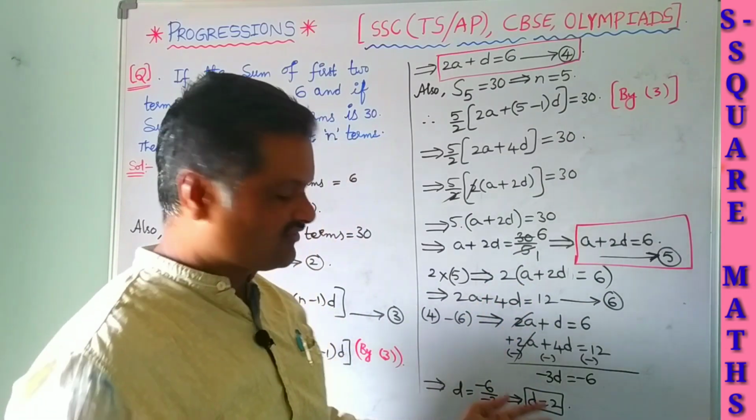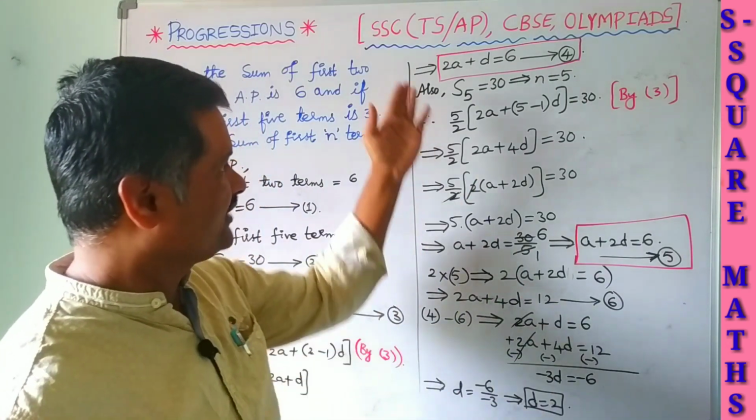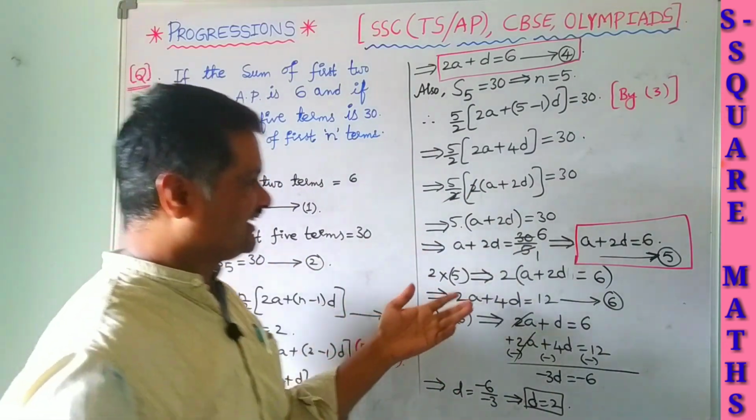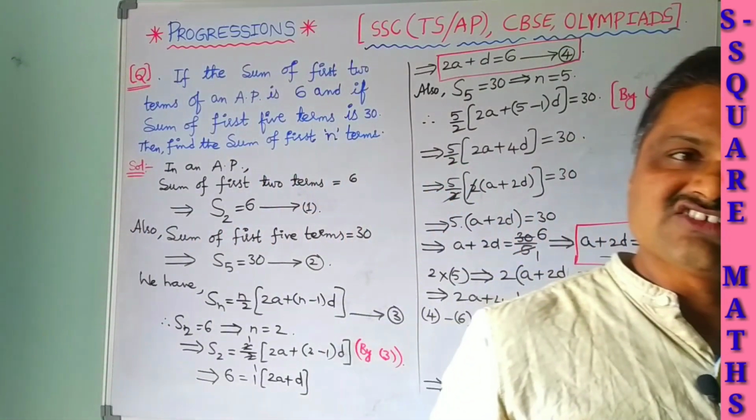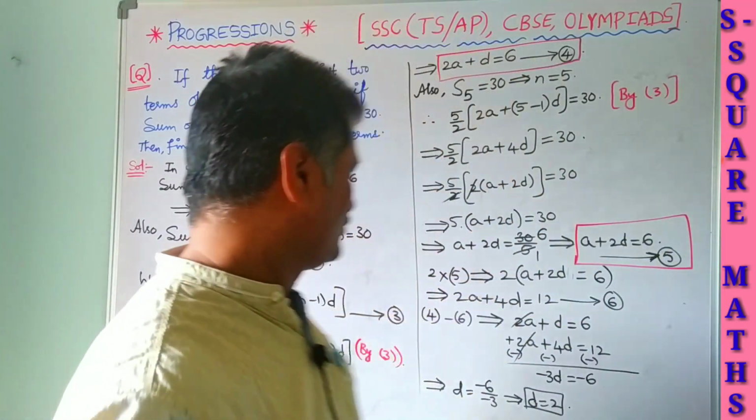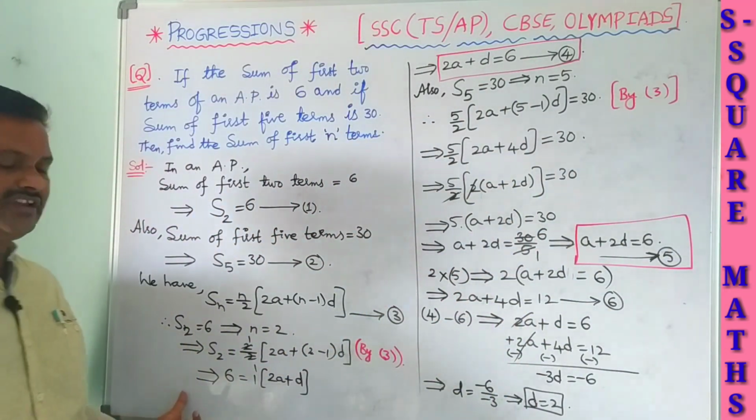To get the values of a and d, doing some calculations, we got the d value as 2. After getting d value 2, we have to substitute in either equation 4, 5 or 6 to get the value of a.